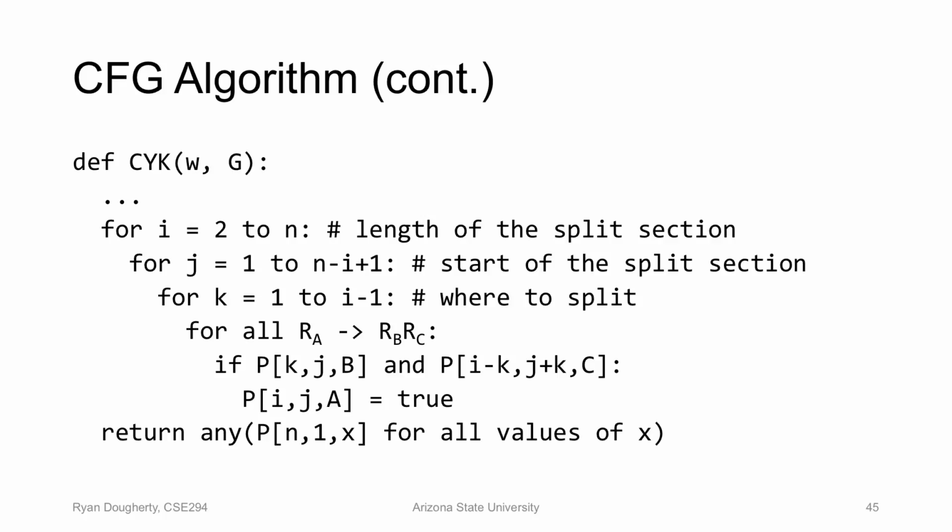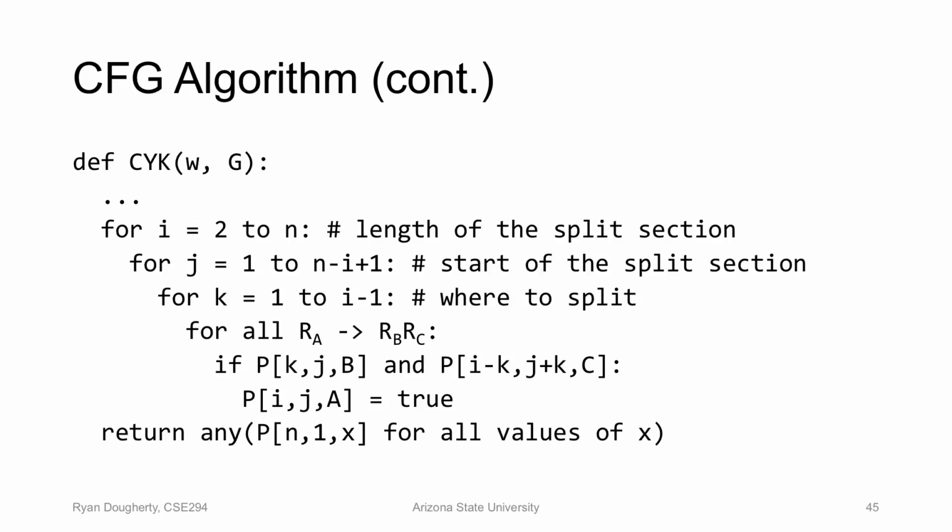So here, iterating over all the rules is constant time. It may take a long time, but in terms of the size of the input, W, it's constant time because the grammar we consider fixed. Sometimes we actually do factor the grammar size into account, but here we usually consider the grammar to be constant size. So essentially, we have order n cubed iterations here.